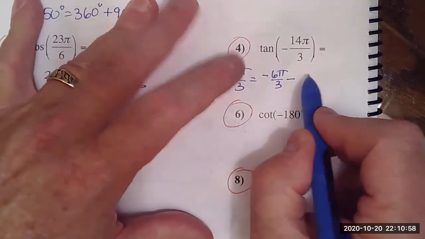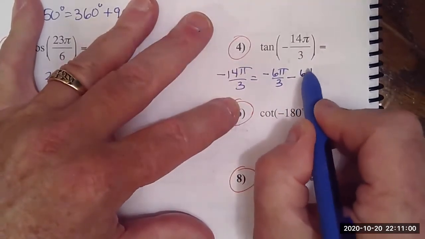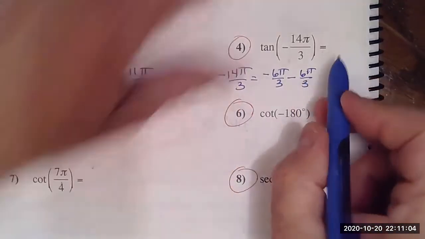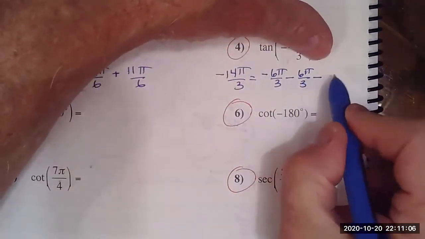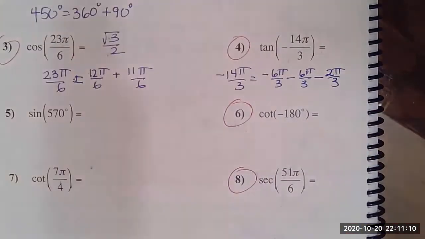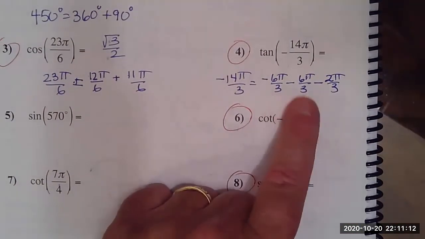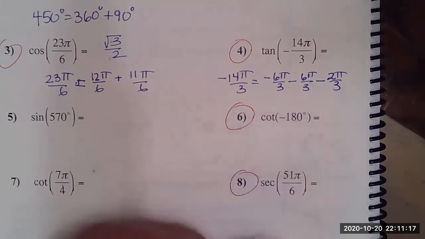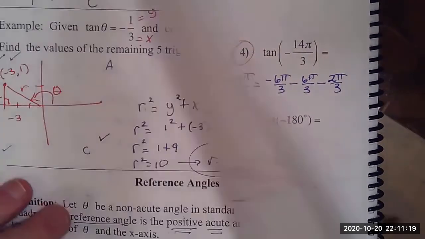I have to get up to 14. So 6 and 6 is 12. So I'm there. I've got a little bit left over, so I've got minus 2 pi over 3. So I've got 2 revolutions. I'm going to continue to go negative, and I'm going to stop at negative 2 pi over 3.